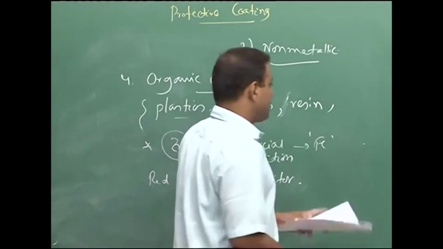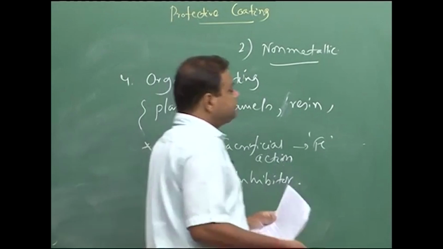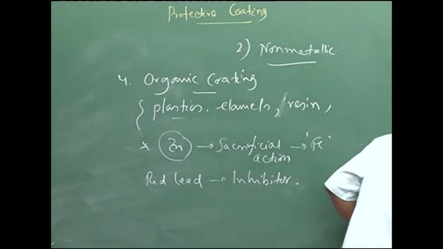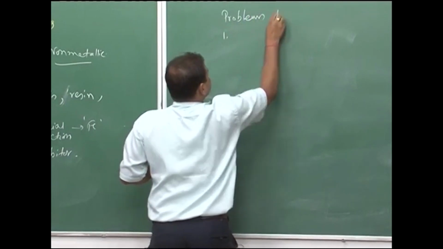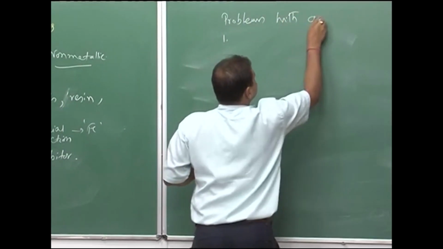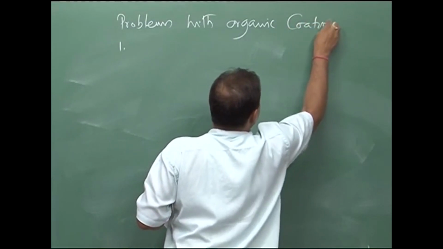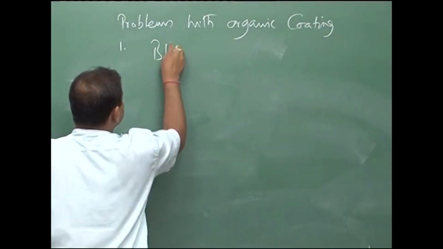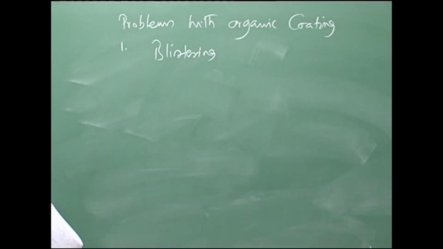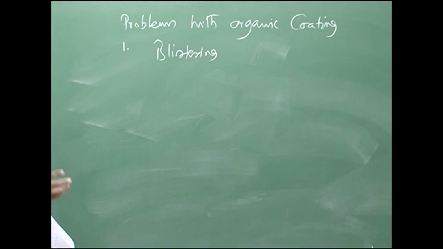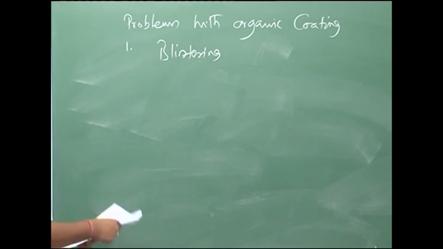Now, let us see what are the common problems that are experienced with respect to the organic coating. So, one problem could be blistering. The organic coated surface, due to the action of oxygen and water or gaseous species, could have blister formation on the metal surface.